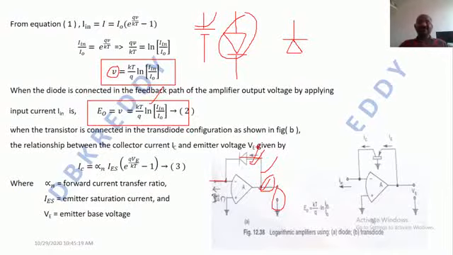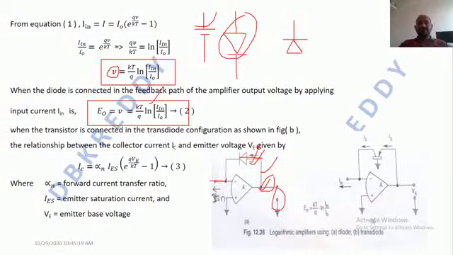As I told you, the diode cannot give the specific characteristics for a long period of time. After 1 or 2 decades, it is unable to give the proper characteristics. Now, what we are expecting practically is not going to be given by that kind of characteristics.